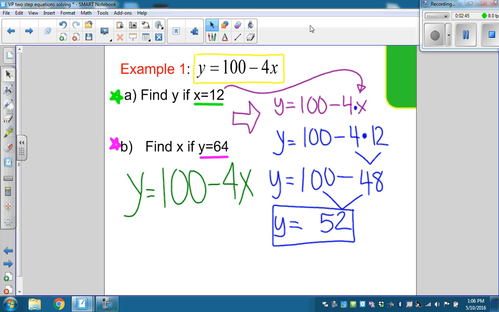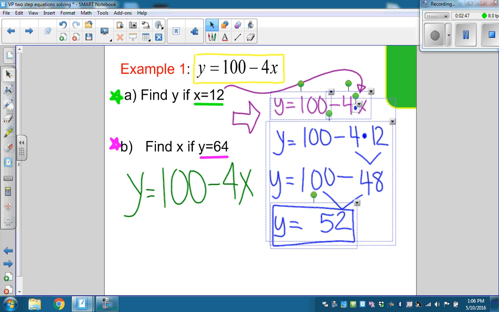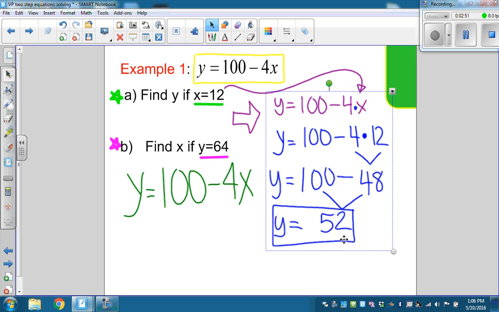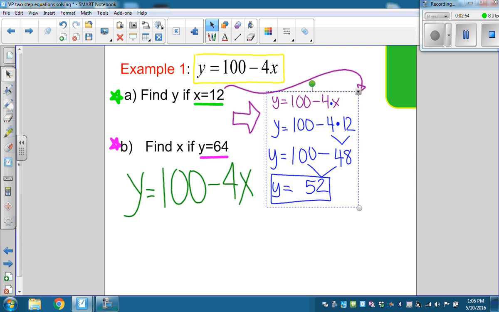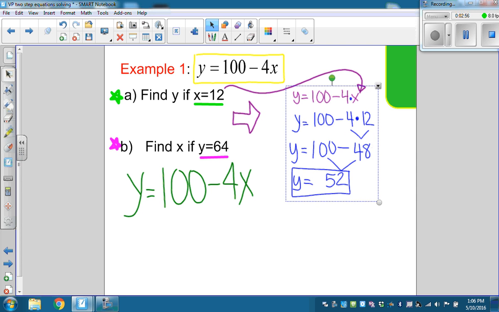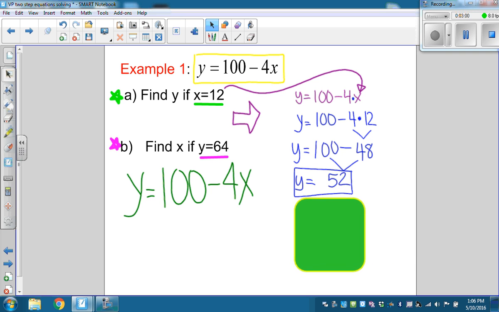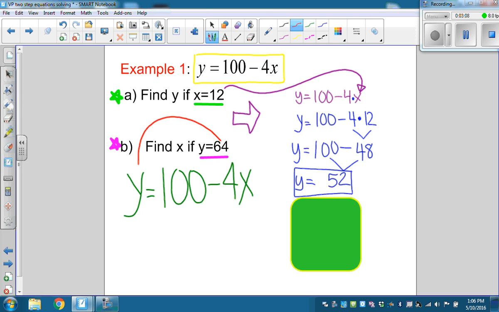So I'm going to shrink this up a little bit, so I can work over here for part B. The difference on part B is we're given the y value instead of the x value.